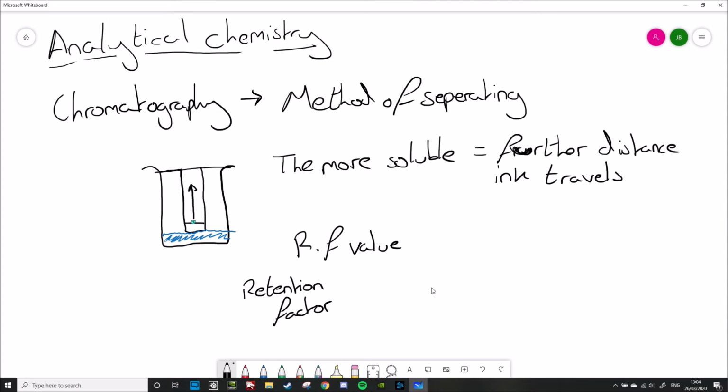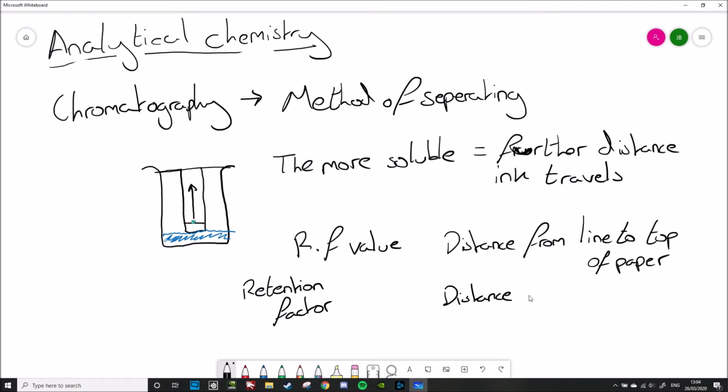So to get this, we would have to measure the distance from the line to the top of the paper, and we'll need distance ink travelled. I'm using ink in this example because in paper chromatography, ink is what we will focus on. Other chromatographies will use different, but for this it's fine.